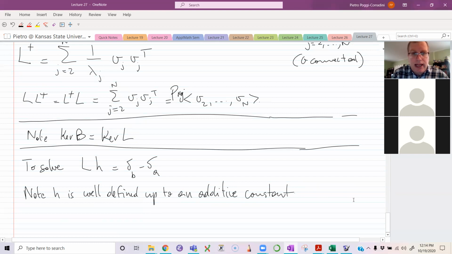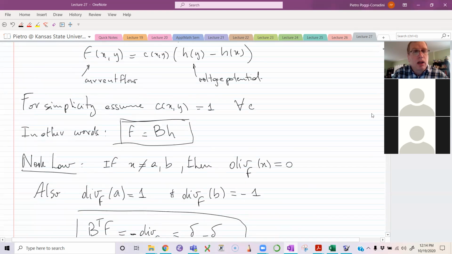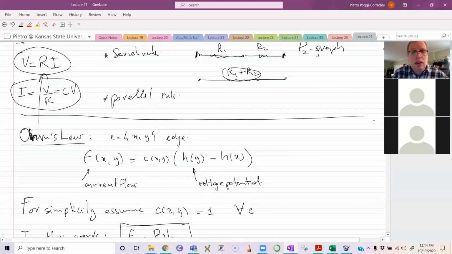right? You can add a constant to a voltage potential and not change anything, because how does it enter? It enters through the Ohm law. So it gives you the current by taking the difference. And so if you add a constant here on both ends, it will just cancel out, so it's not going to do anything.